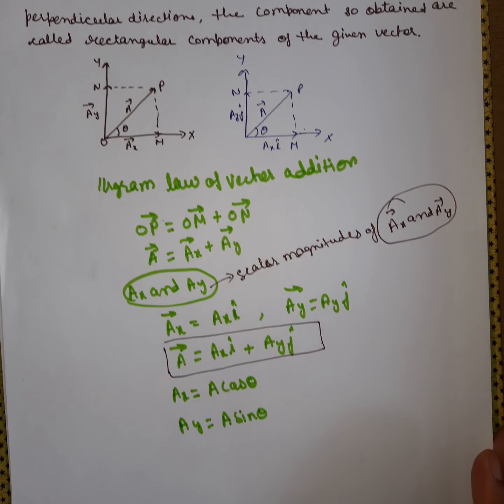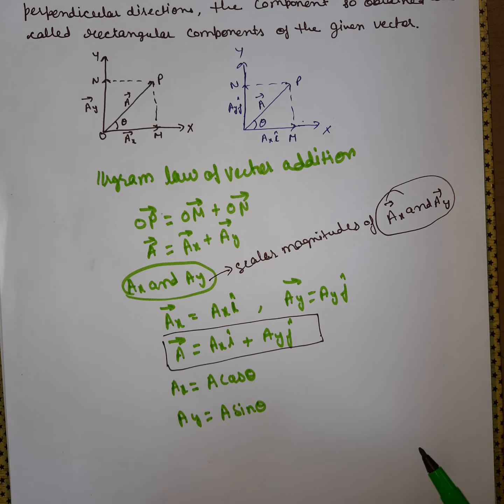As we know, sin theta is perpendicular upon hypotenuse. So we can write it as A cos theta and A sin theta.